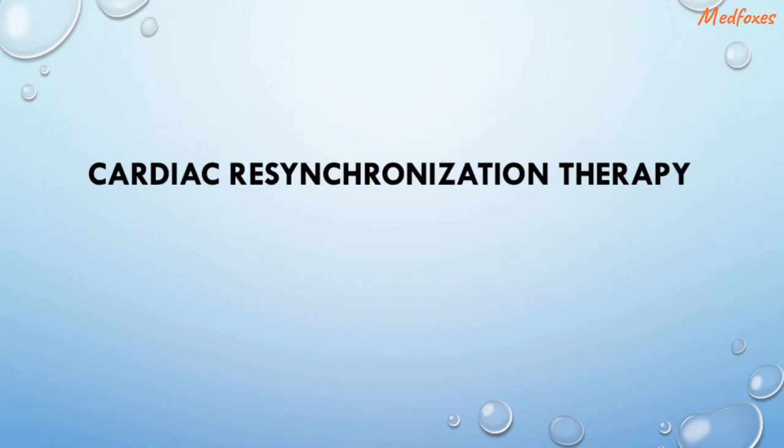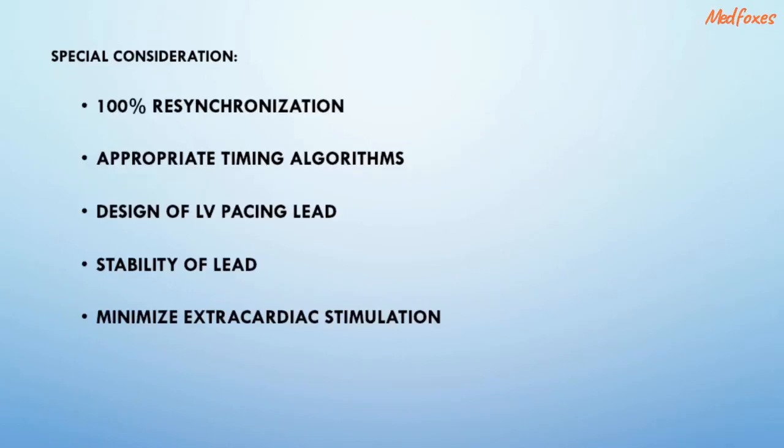Let's move on to lead and generator selection in cardiac resynchronization therapy. There are some specific considerations when selecting a generator, lead and device function when using cardiac resynchronization therapy devices.